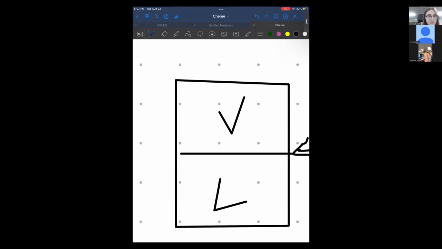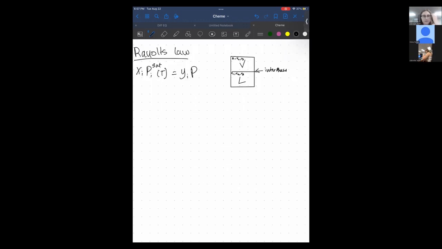So let's go and write our mole fractions. There's going to be mole fractions of each component in here. So let's just denote them as Y1, Y2, and Y3. These are just going to be our mole fractions in the vapor. And then X1, X2, and X3 in our liquid.